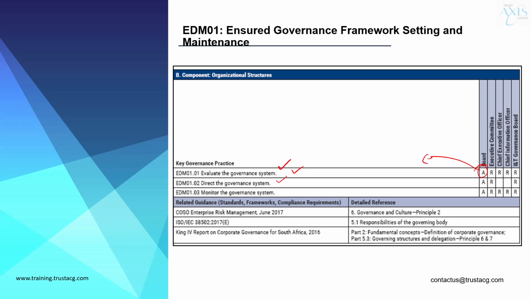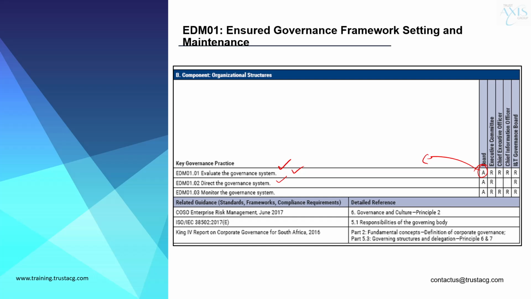So the outcomes of the executive committee meetings as well as the IT governance board meetings must be responsible for ensuring that whatever direction is given by the board is translated downstream. Basically, this practice ensures that governance is not just theoretical, but actively influences how the organization operates and makes strategic choices.